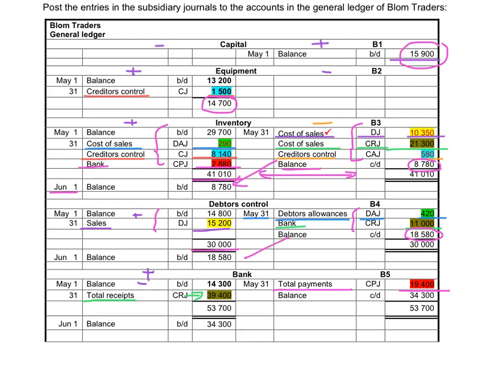And on the first day of the next month, we will bring down that balance on the opposite side below the total. And we will do the same in the bank account. The inventory, debtors, and bank are assets. So because these balances are brought down below the total on the debit side, they will appear in the trial balance on the debit side.